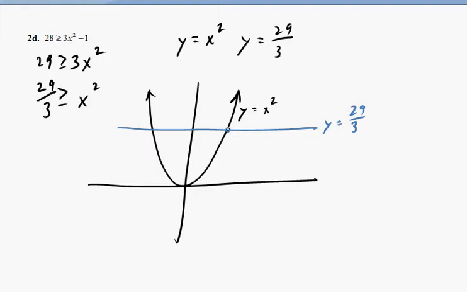Now, these 2 points of intersection would be the square root of 29 thirds, comma, 29 thirds, and negative square root of 29 thirds, comma, 29 thirds.